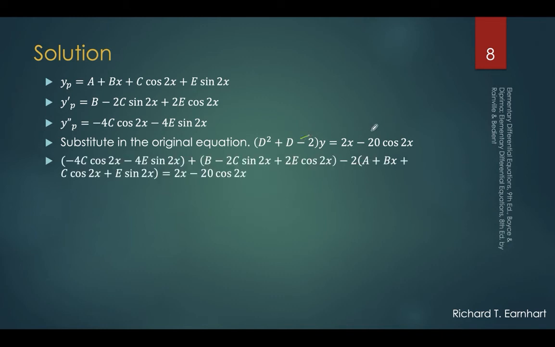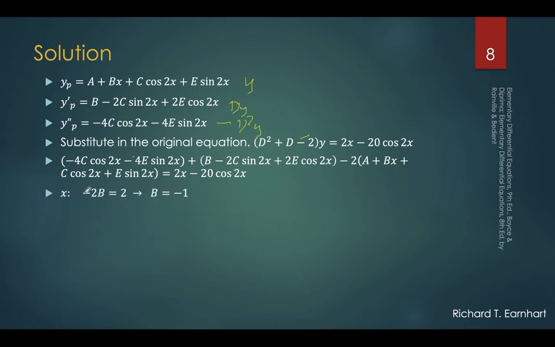Okay. The next step is to equate, after substitution, the coefficients of similar terms. So this is your d squared y, this is your dy, and then this is your y. So substitute here, this is your d squared y, your dy, and then your y.